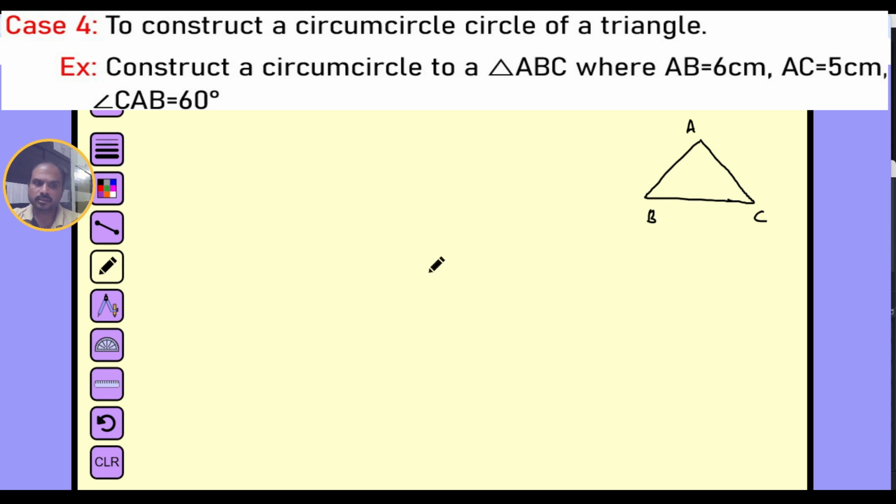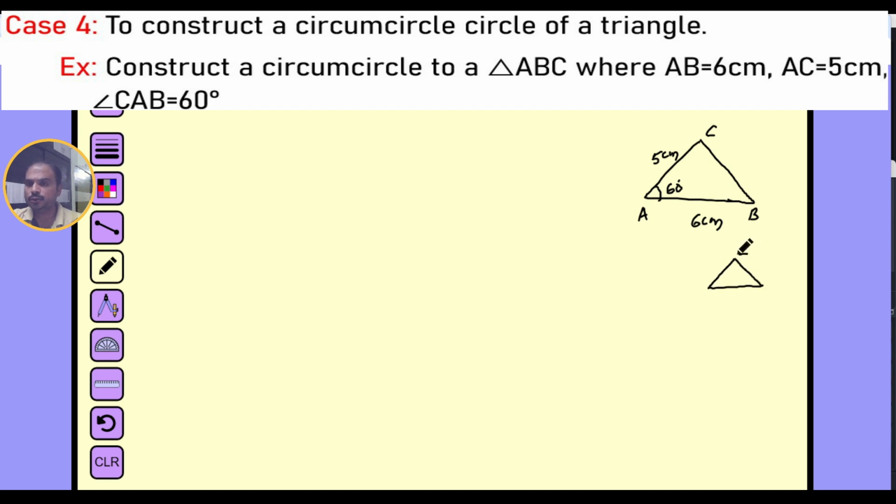I'll take AB as the base, and C here. AB is 6 centimeter, AC is 5 centimeter, and angle CAB is 60 degrees.